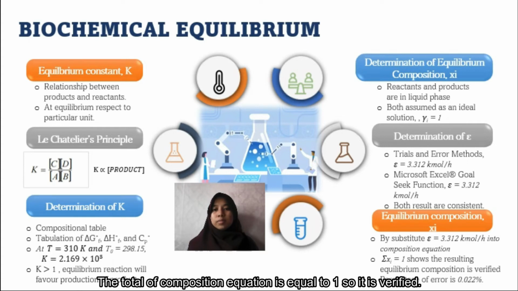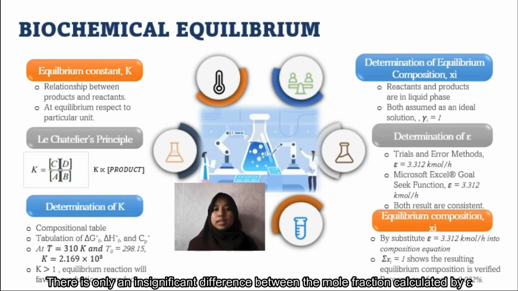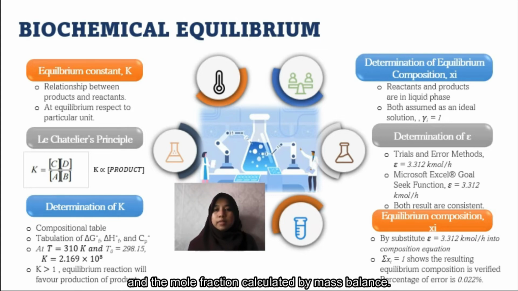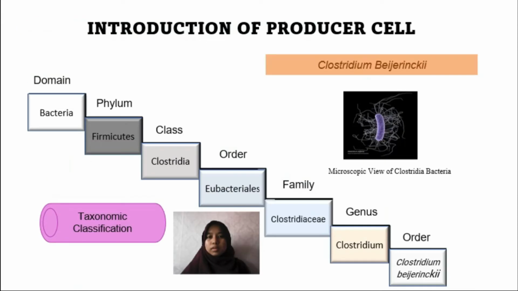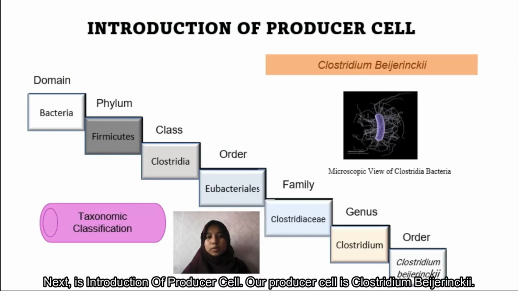The total of the composition equation is equal to 1, so it is verified. The percentage of difference is 0.022%. There is only an insignificant difference between the mole fraction calculated by epsilon and the mole fraction calculated by mass balance.